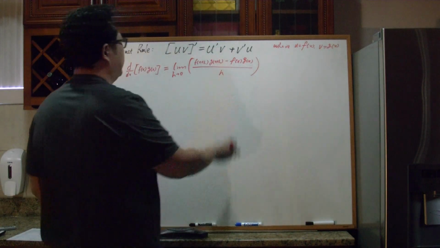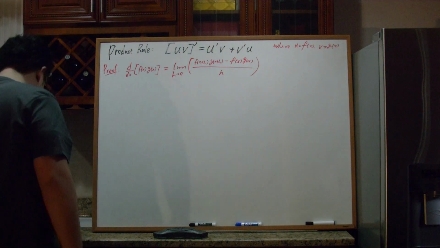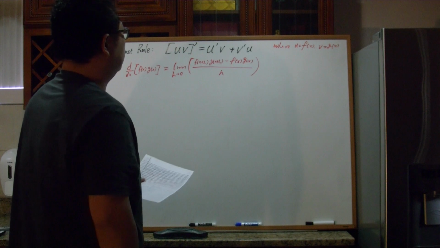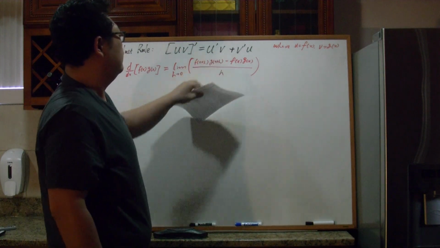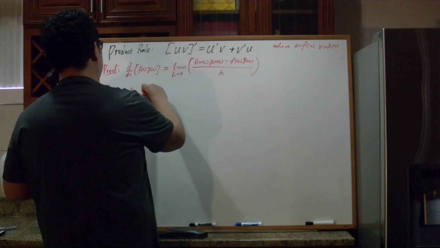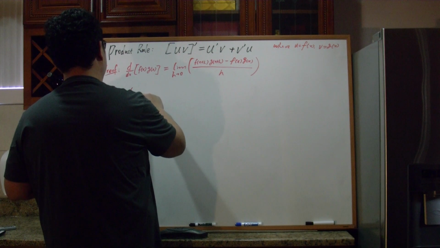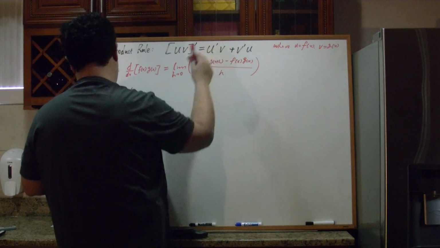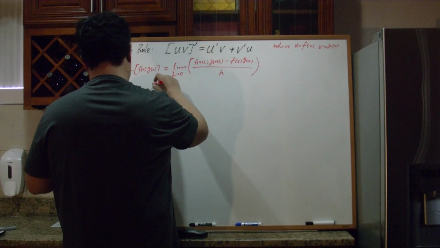Then in order to make it a quotient, or to make it simplifiable, what we can do is add something and subtract something to make them separated into two expressions, right? That's our purpose.